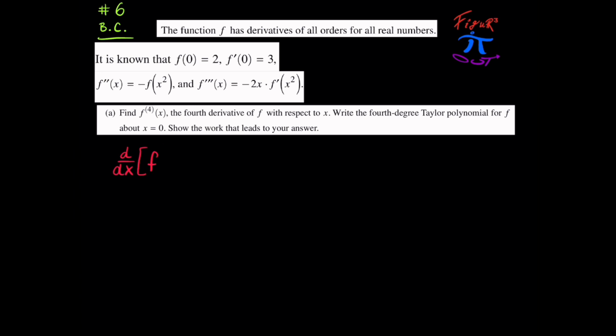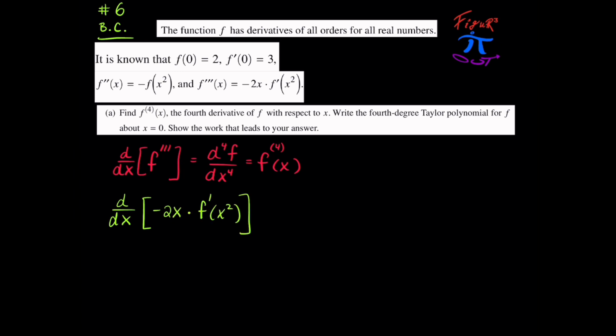So differentiating the third derivative with respect to x will give us the fourth derivative with respect to x, here noted by f superscript 4 of x. Because f triple prime is given by a product, we will have to use the product rule to differentiate it.